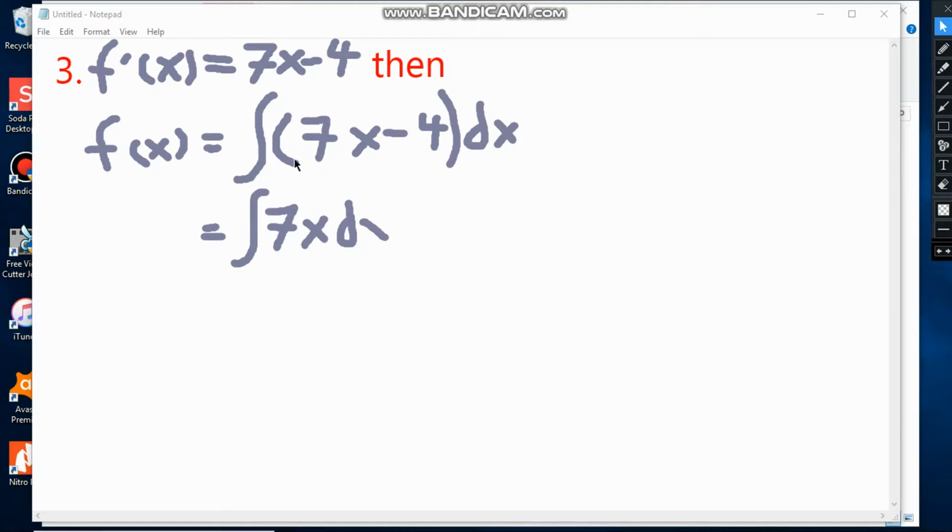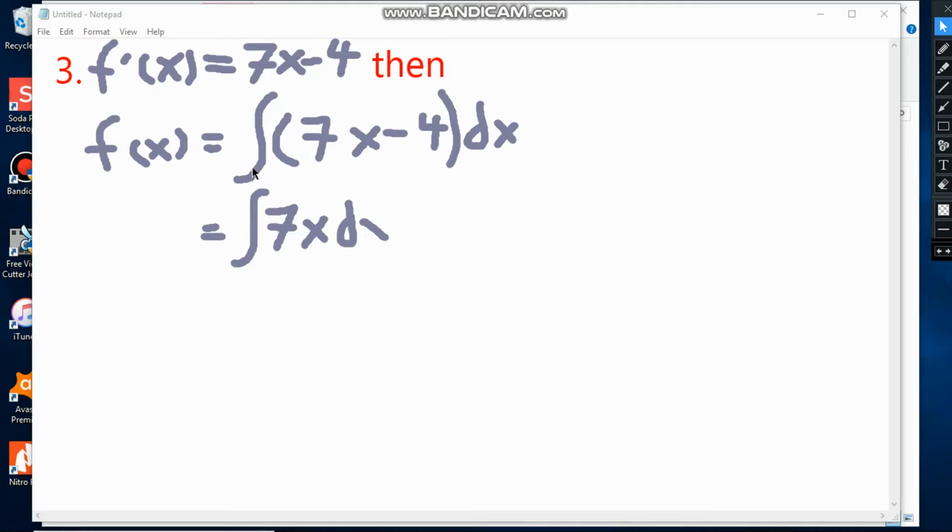So to remove these brackets, we must multiply the integral sign and dx into these terms at the same time.